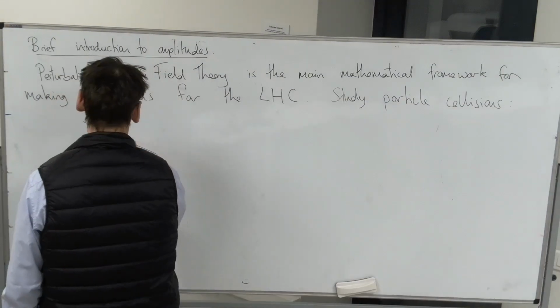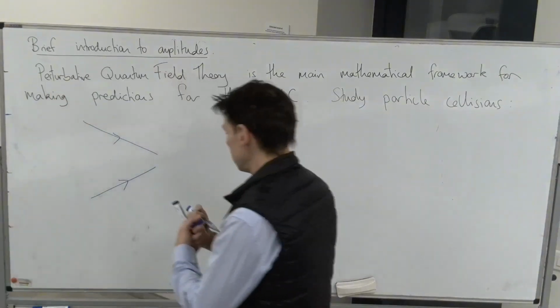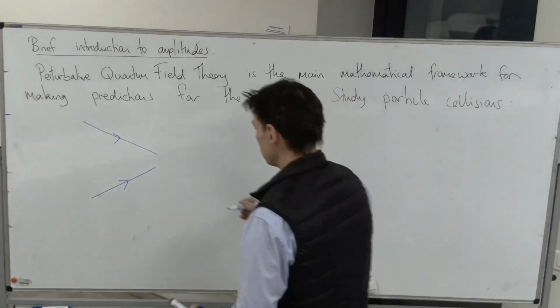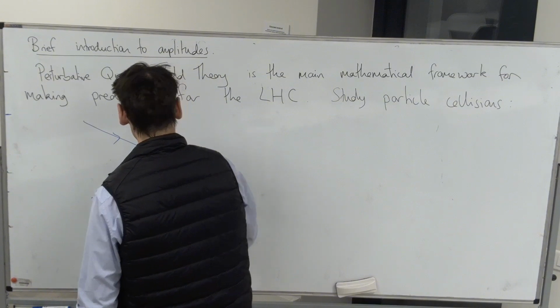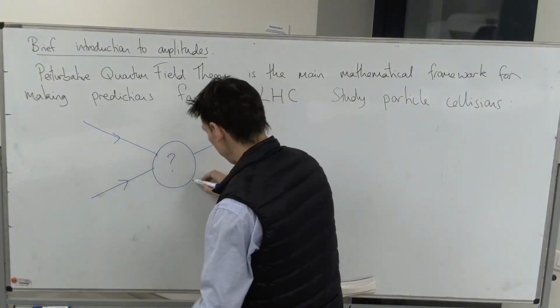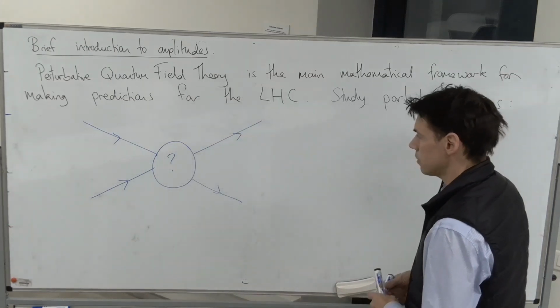Say 2 particles, they come in at very, very high energy inside your beam pipe, and something happens. They interact in some mysterious way, and what you observe, say 2, it could be 3, 4, 5, but let's say 2 other particles that come out the other side.